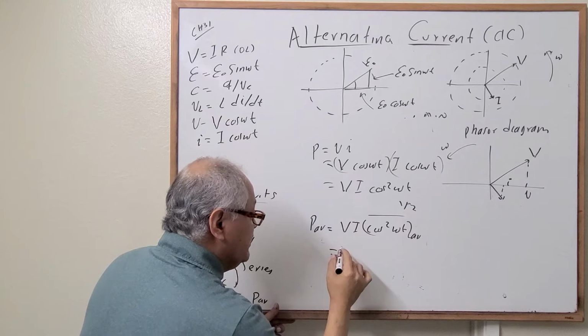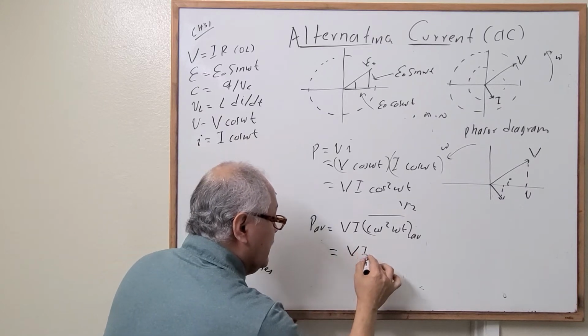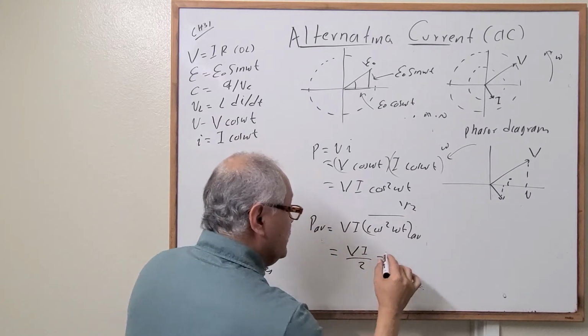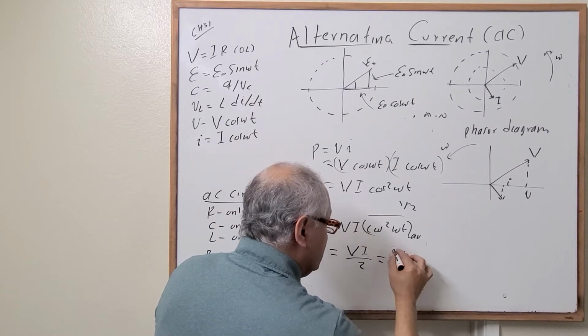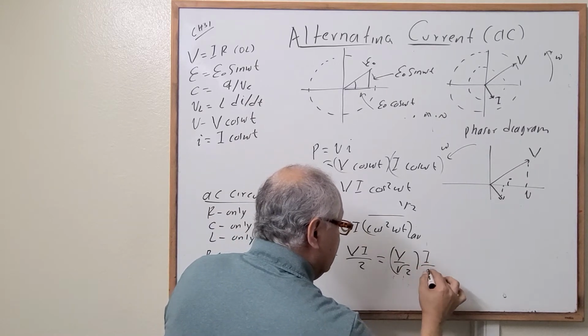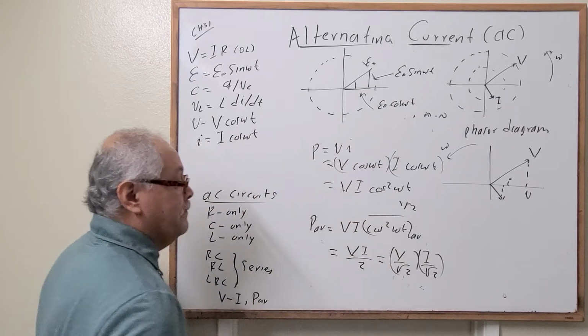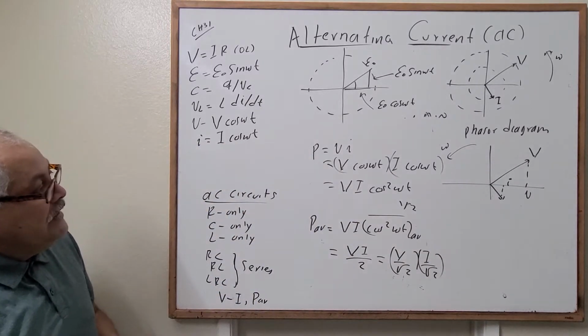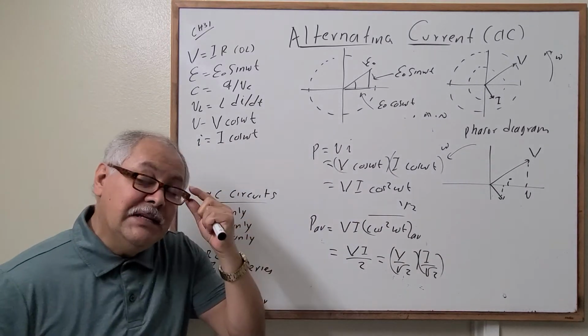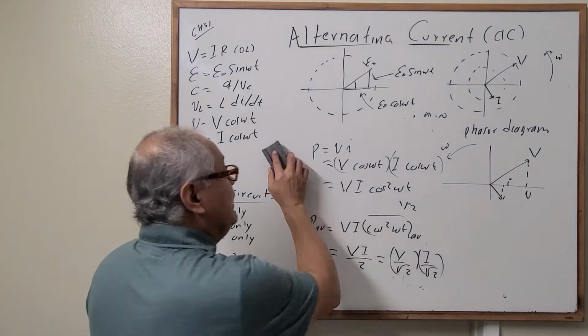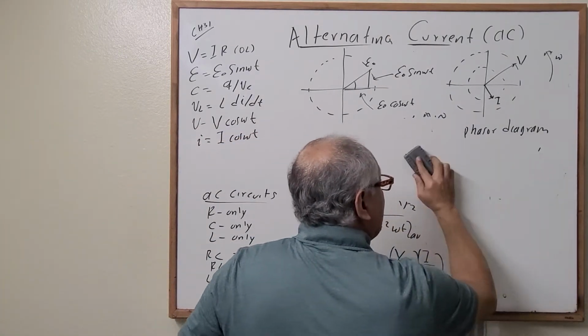That means it's equal to voltage times current divided by 2, or equal to voltage divided by square root 2 times current divided by square root 2. Correct? Now let's do the same steps using current, for instance. Okay, let's go for current.